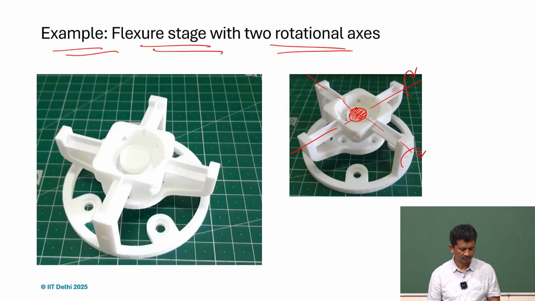So for any kind of application where you need two rotational axis motion, it can be attached to the actuators, and if it's at the joint, you can rotate it, but away from the joint you can always have a translation movement, or linear actuators you can use, and you can get these rotations. So again, very good solutions, and yeah, it's a monolithic design.